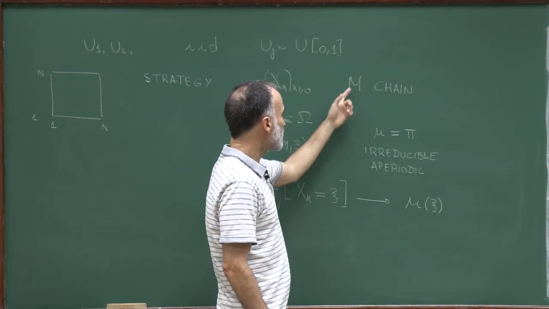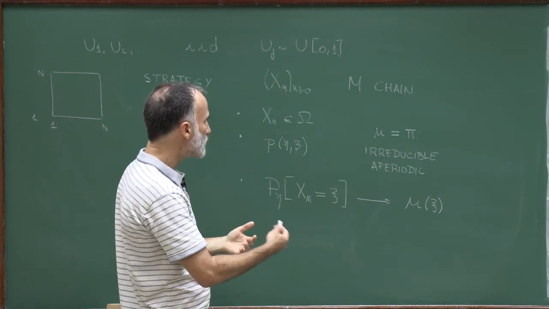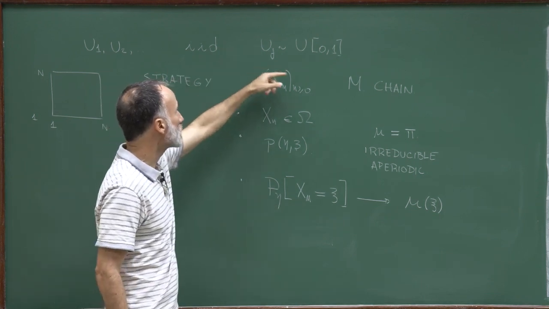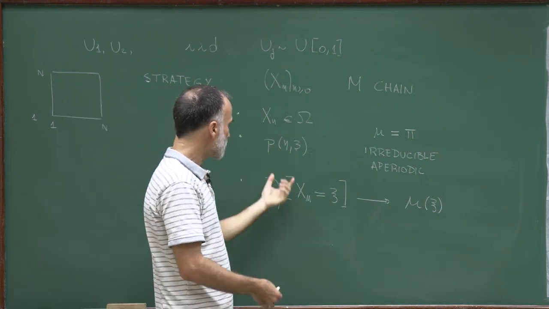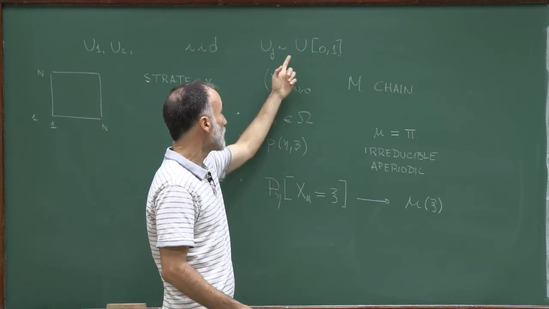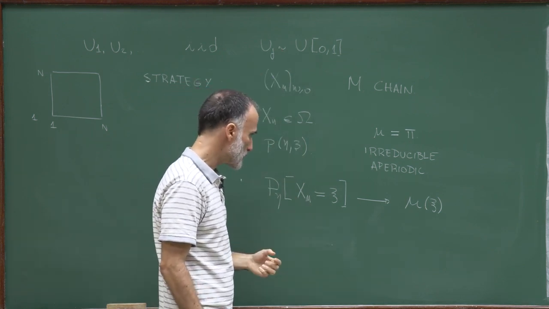If I can create this Markov chain, I can start from any configuration. I run this Markov chain by using these uniform random variables. I will show you how to create this sequence with these uniform distributions.